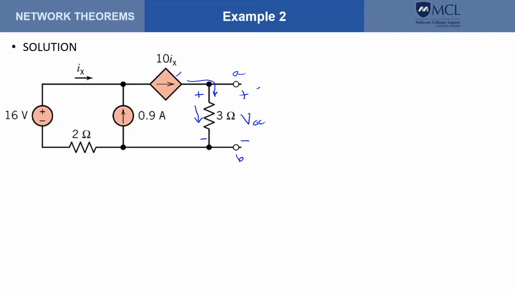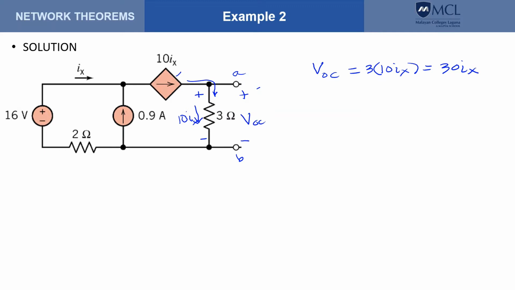So that means this is also 10Ix. So therefore, I can say that VOC is equal to the voltage across the 3 ohms, which is 3 times the current, which is 10 Ix, and that should give me 30 I sub x.